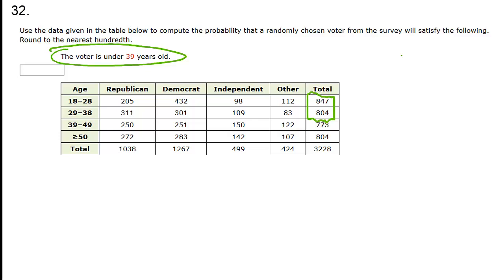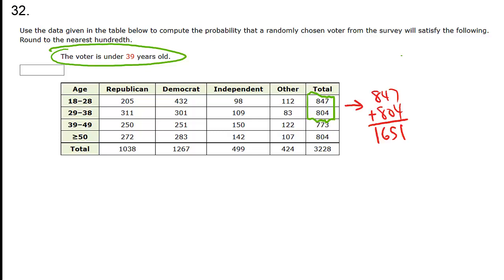Well, 18 to 28-year-olds are under 39, and 29 to 38-year-olds are under 39. So there are 847 people in the 18 to 28 category. There are 804 people in the 29 to 38 category.